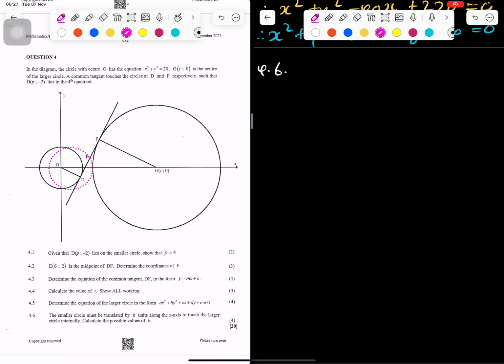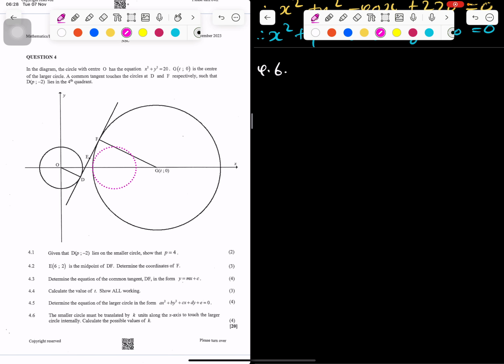But now they're saying so that it can touch the larger circle internally. So internally, basically, we mean that the circle must be here. This is now called internally. So these circles are now touching each other internally. Okay, they say calculate the possible value of k.